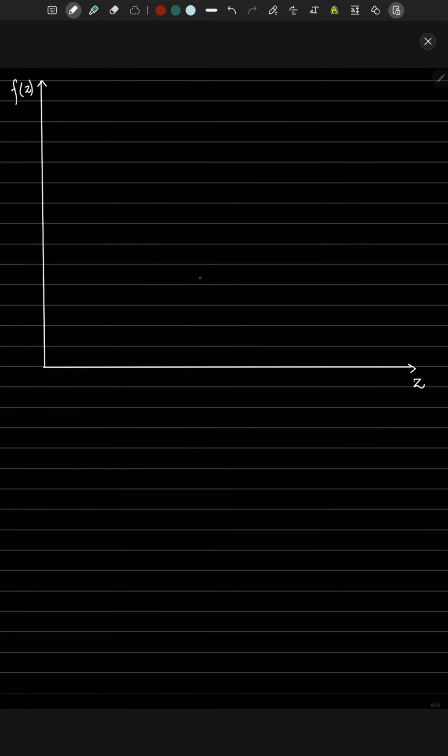You know that z is going to assume values from 0, then pi by 2, then pi, then 3 pi by 2, then 2 pi over here, then 5 pi by 2, and so on, right?